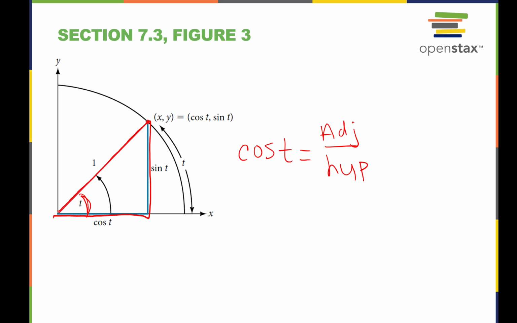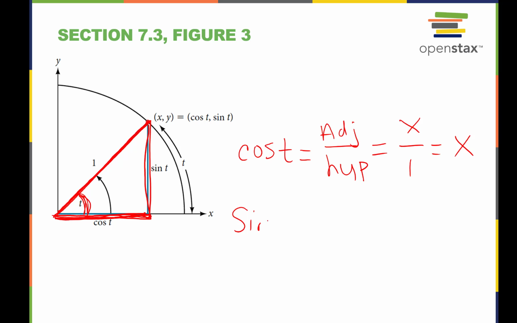Cosine of this angle would be adjacent, which is this side right here, over the hypotenuse, which is the side opposite the 90-degree angle. So it would be the value of x from here to here, over 1, because that's my radius, which is my hypotenuse. So I would have x over 1, which is equal to x.